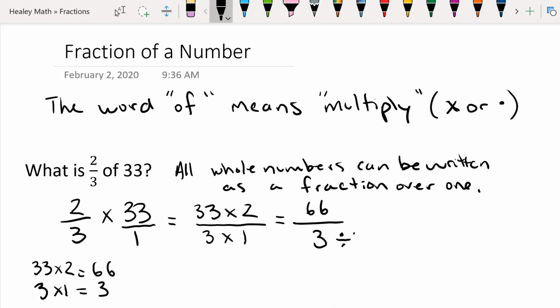So what if we divide this by 3? 6 is a multiple of 3, which means 66 must be a multiple of 3. And we know 3 divided by 3 is 1. 66 divided by 3 is 22.